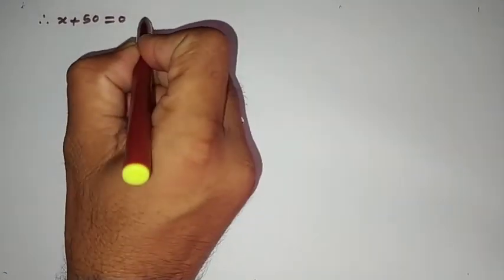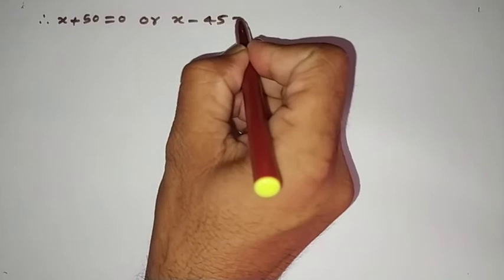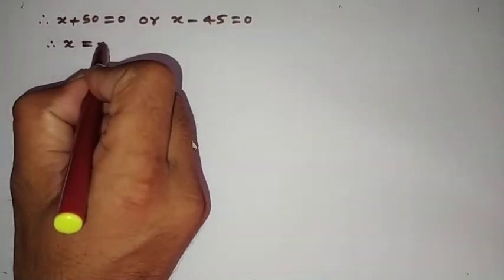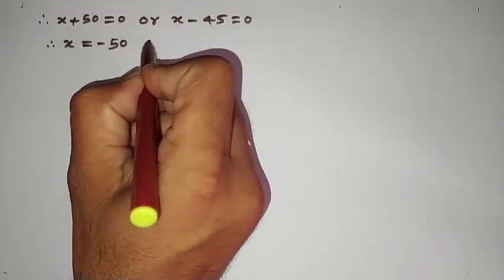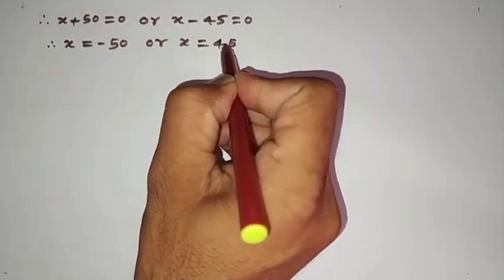Therefore x plus 50 is equal to 0 or x minus 45 is equal to 0. Therefore x is equal to minus 50 or x is equal to 45.